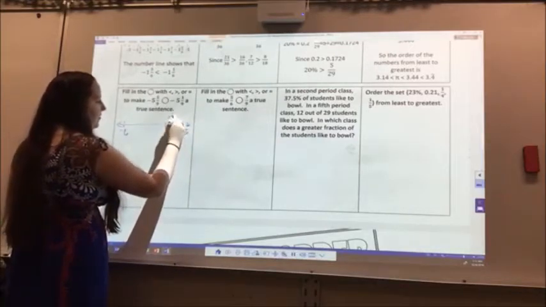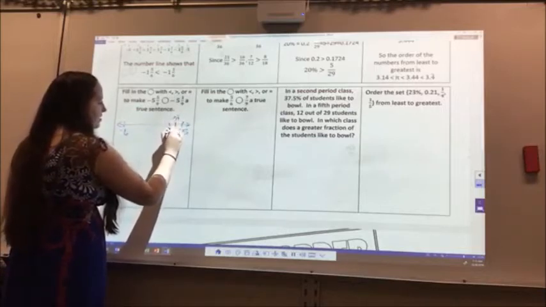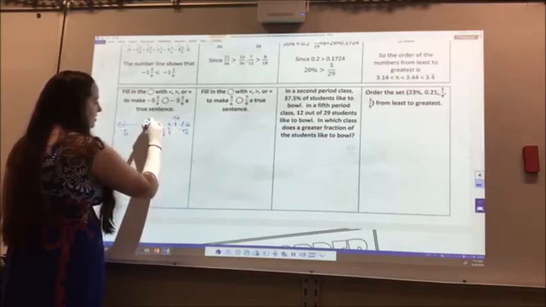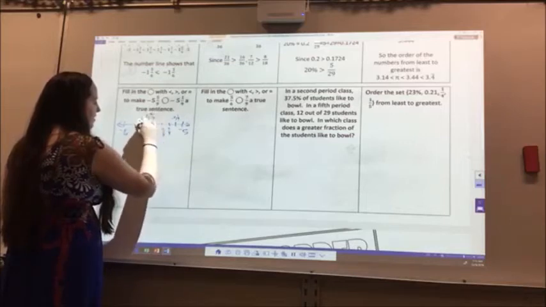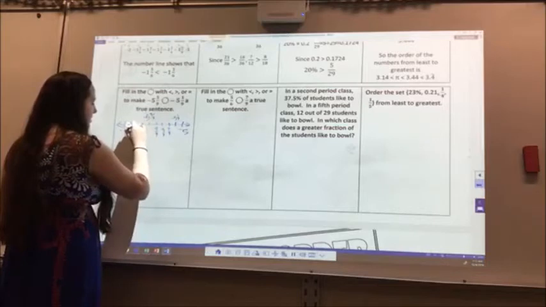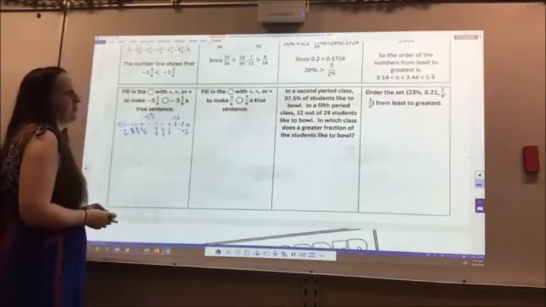So this is negative 5 1/9, 2/9, 3/9, 4/9, negative 5 5/9, 6/9, 7/9, 8/9, and negative 6 would be 5 9/9.